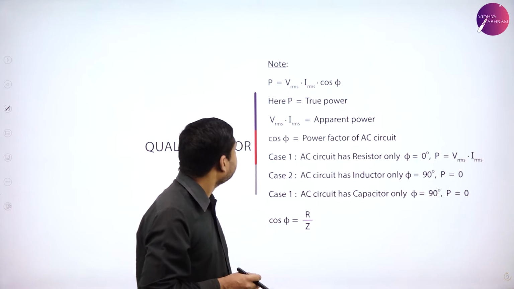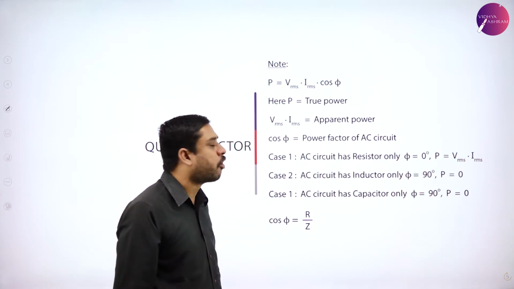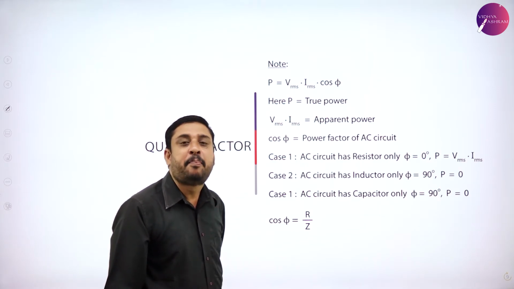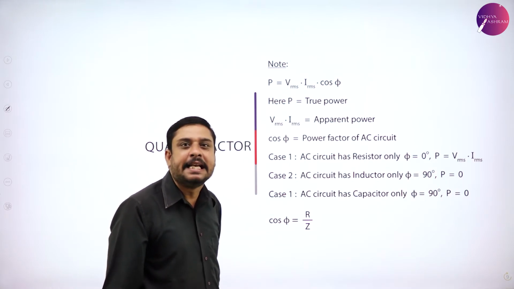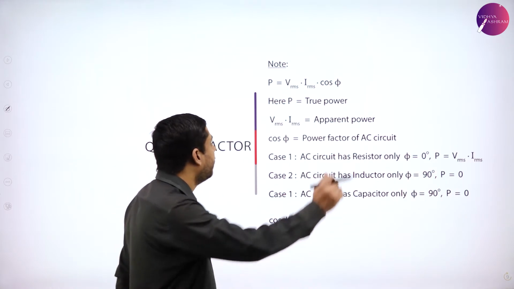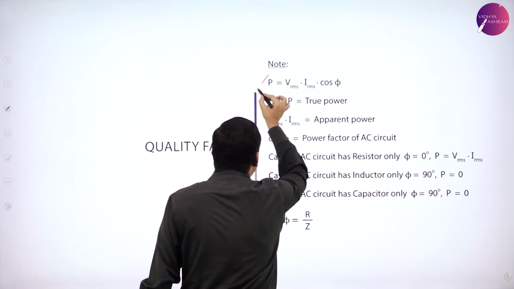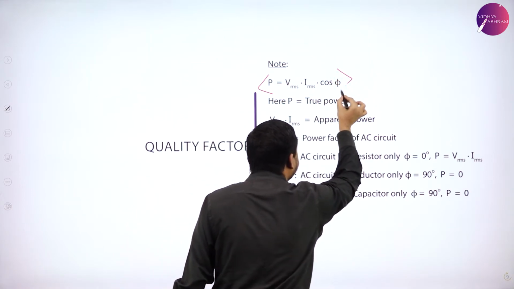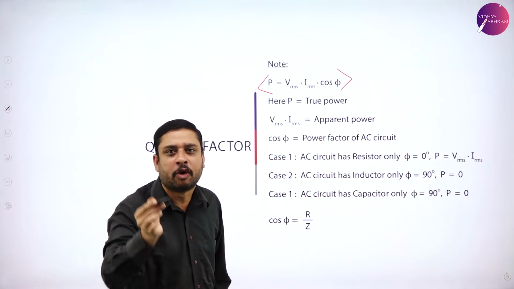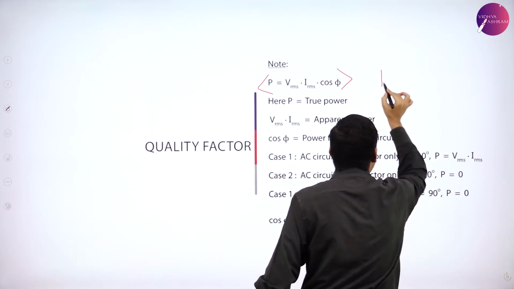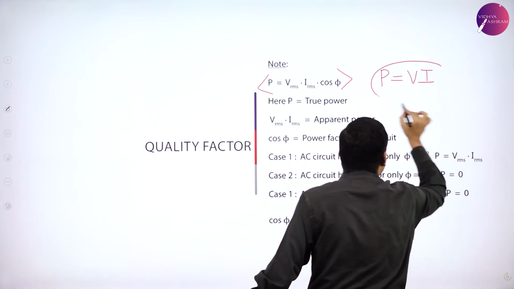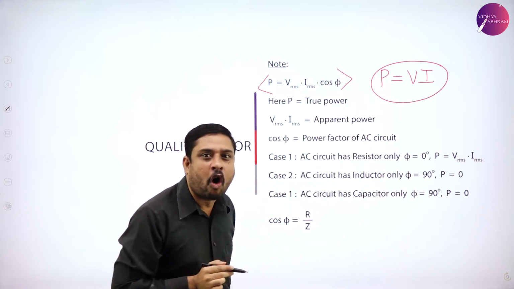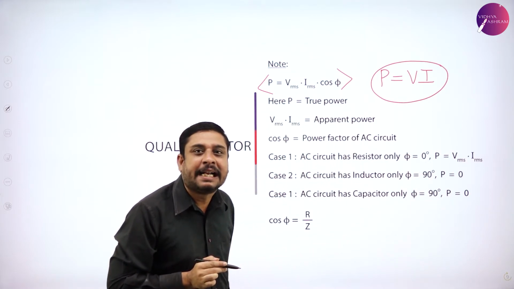Now, this is again an important note: power in a series LCR AC circuit. My dear students, generally in DC circuits, power is defined as the product of voltage and current.